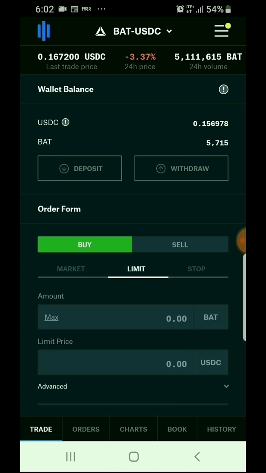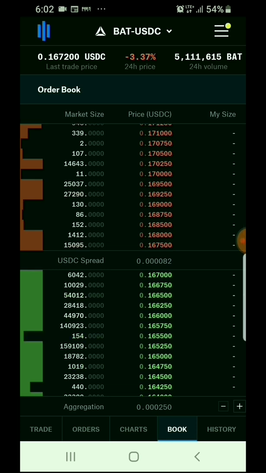Okay, so let me check out the books and see how the books are looking. As you can see down the bottom, the green section, that's all buy orders. These are all the people who place orders who want to buy.